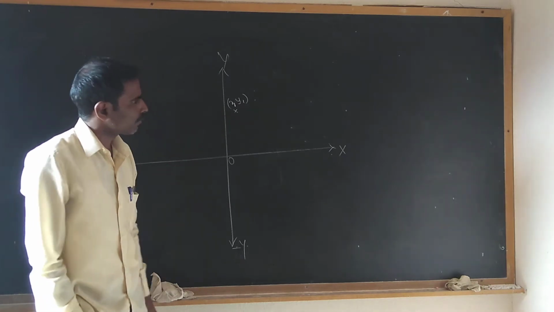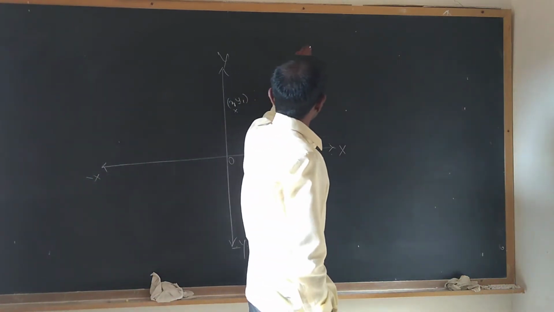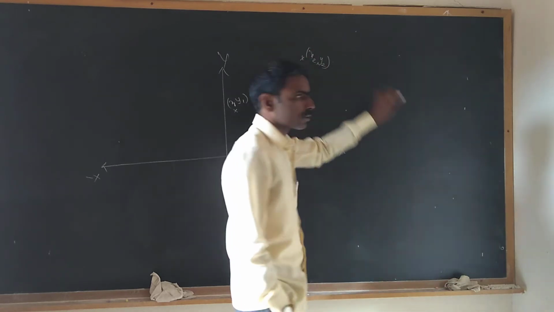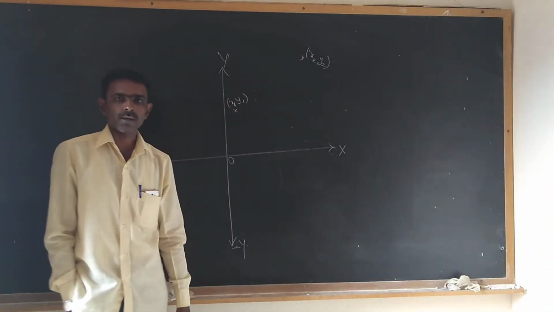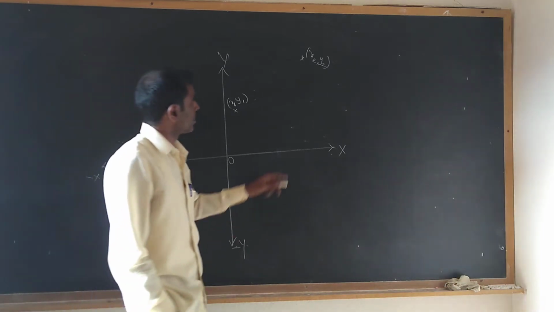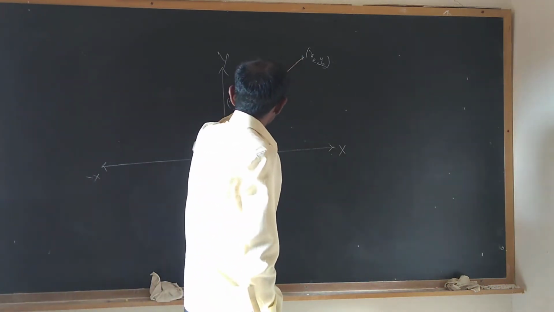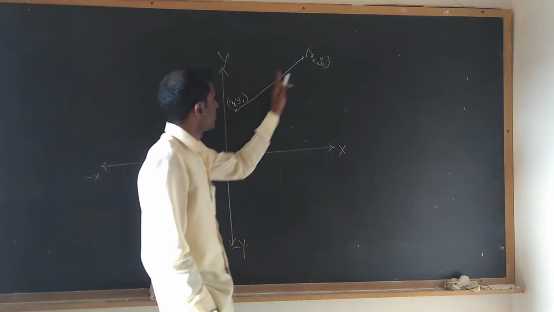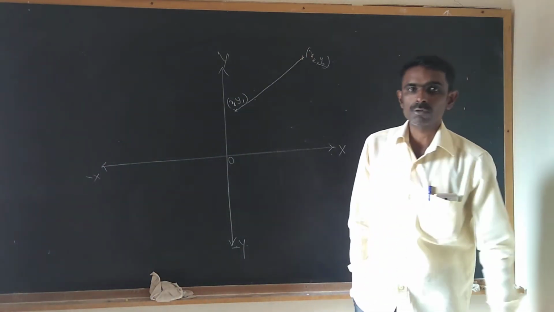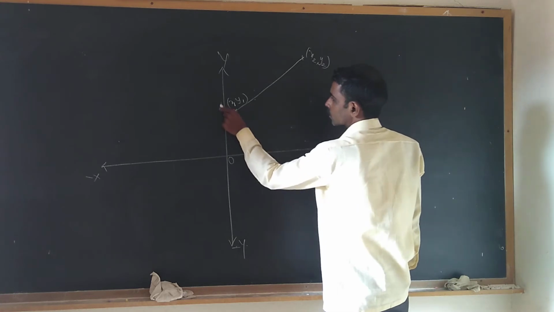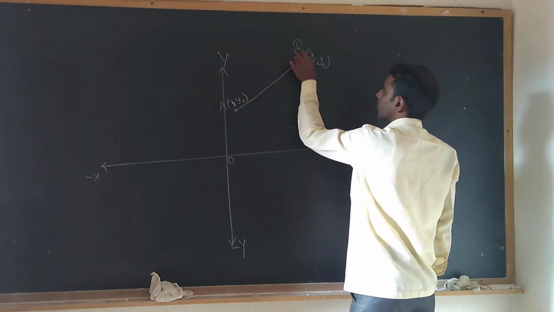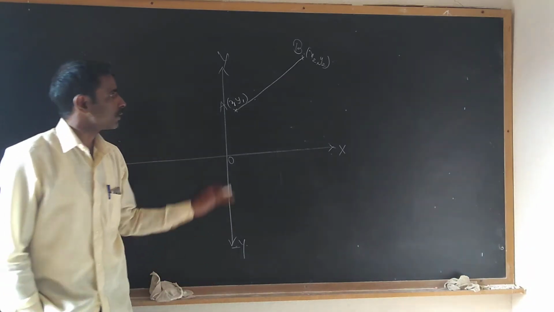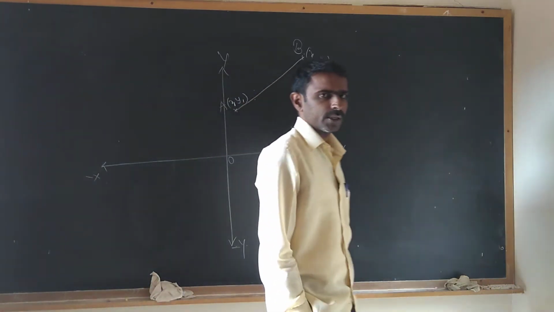If x1, y1 and x2, y2 are any two points in this rectangular system, and I want to find the distance between them, say the first point is A and the second point is B.